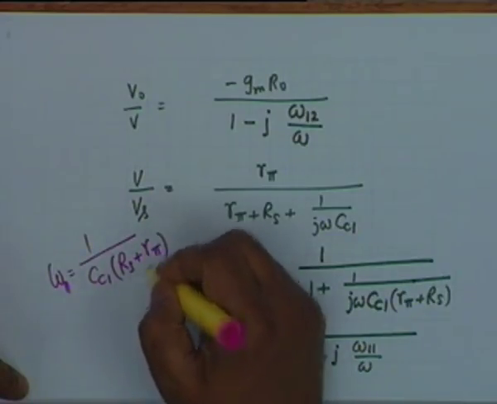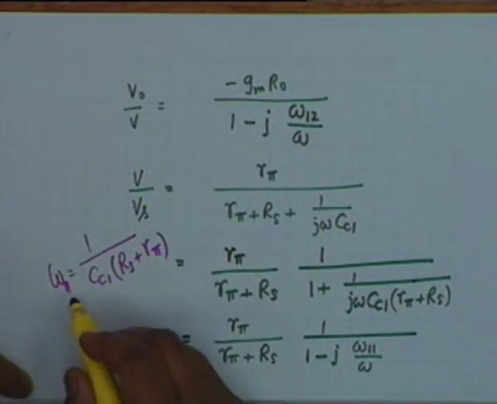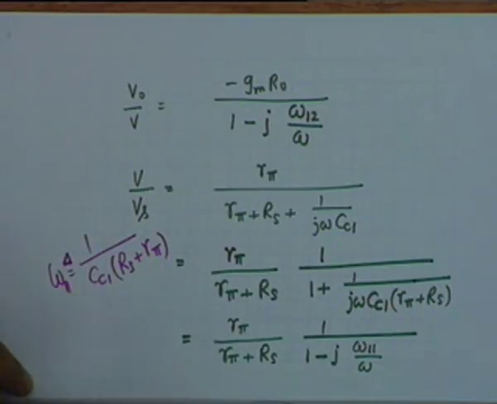This omega 1 1 is defined as the reciprocal of the time constant of the input circuit.